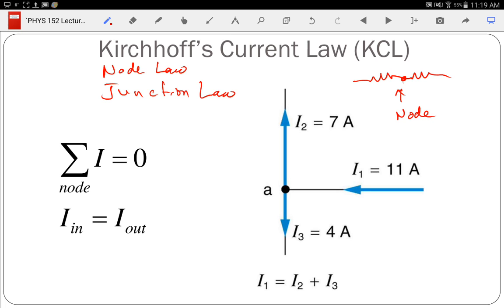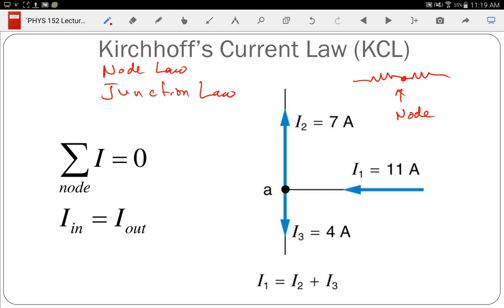But that's a pretty ridiculous node, because if they're in series, we already said they have to have the same current. Kirchhoff's current law says the total current at the node is 0, or the current in equals the current out. Well, that's just repeating what we already knew. So nobody applies the node law to just 2 resistors that are tied together.